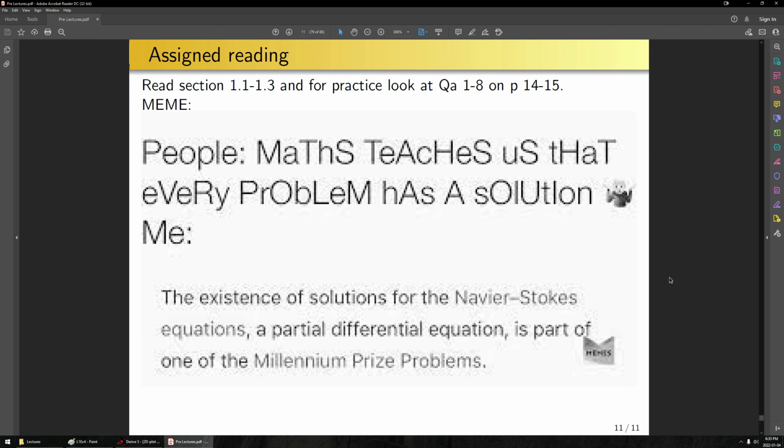So we'll end with the meme. People: maths teaches us that every problem has a solution. Me: the existence of solutions for the Navier-Stokes equations, a partial differential equation, is part of one of the Millennium Prize problems. So if you can manage to do this, you get $1 million to prove that there's a solution. It's notoriously hard. But Navier-Stokes is a partial differential equation that models pretty much all fluid flow.